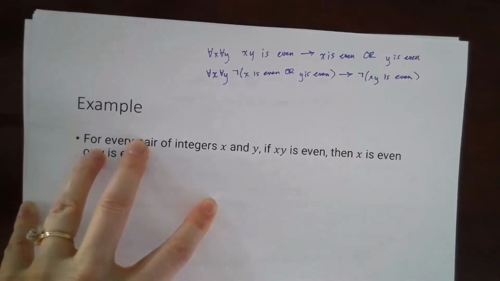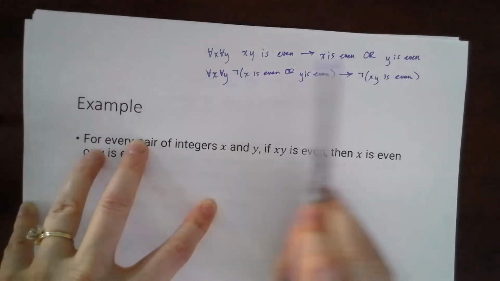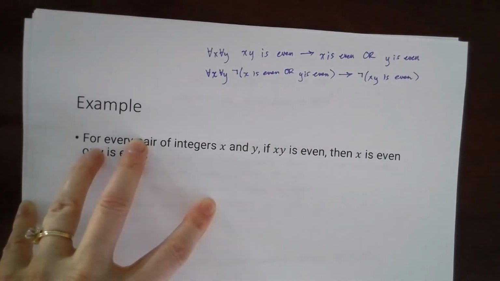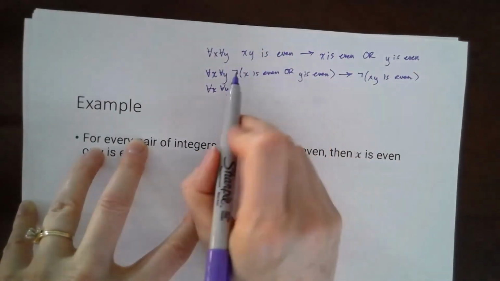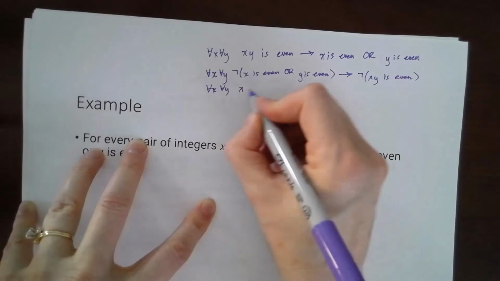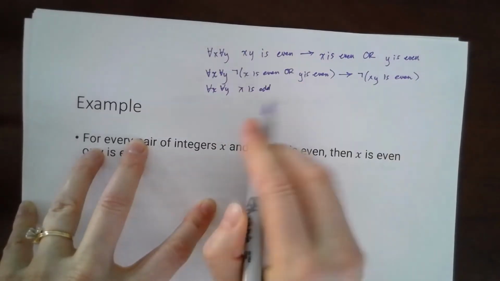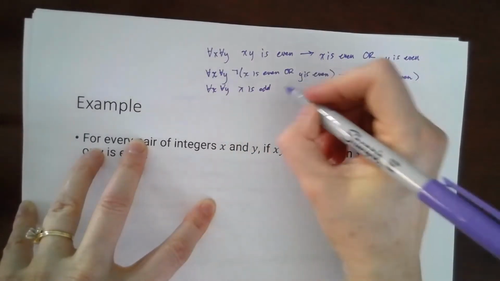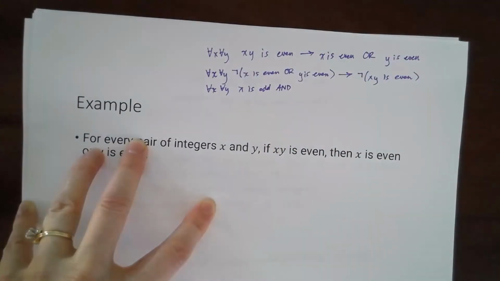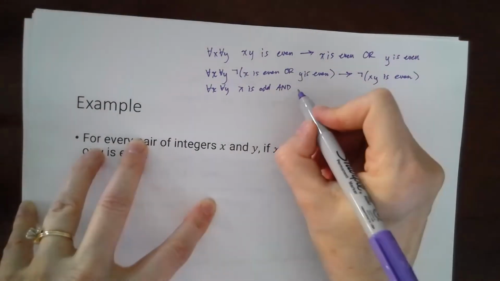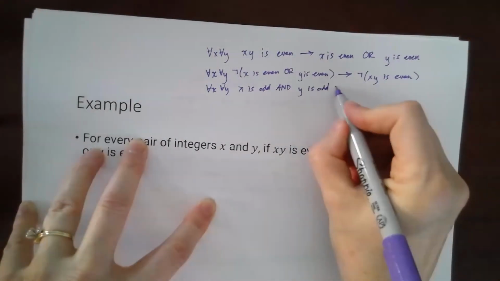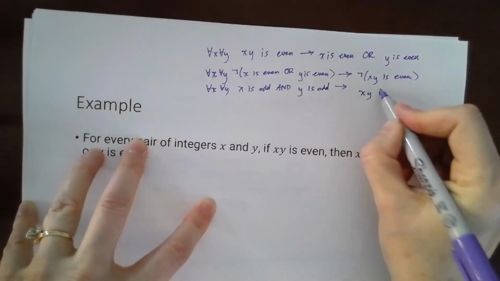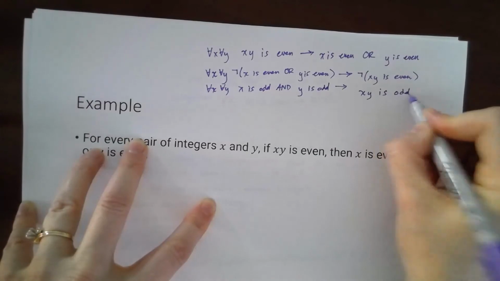So for the contrapositive, we negate and swap the hypothesis and conclusion. And then if we apply De Morgan, not x is even is x is odd, and this or is going to turn into an and. That's very important. And then this would be y is odd. So be really careful about that. And then this would be xy is odd.